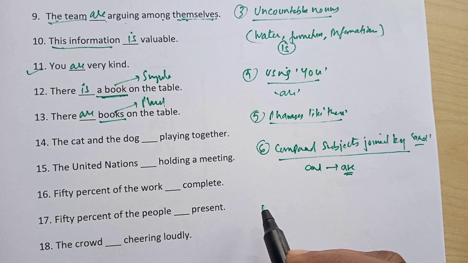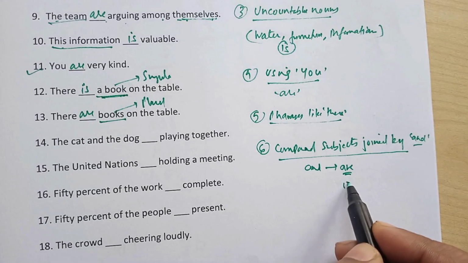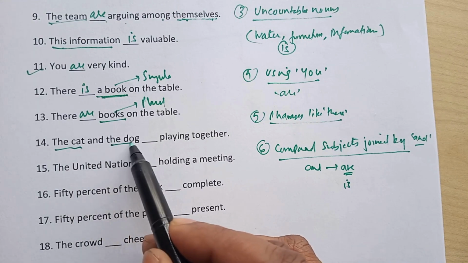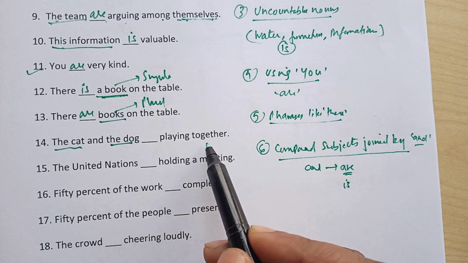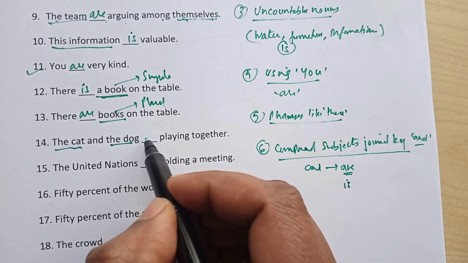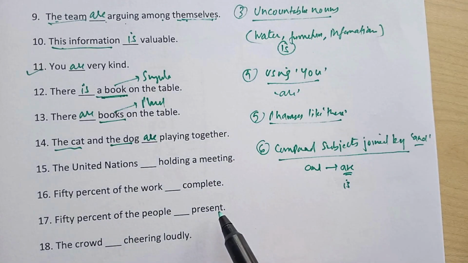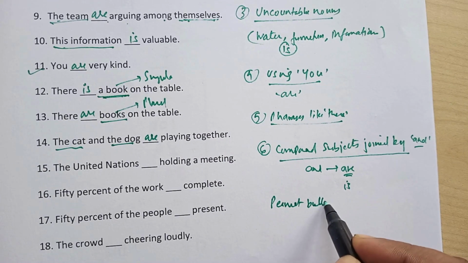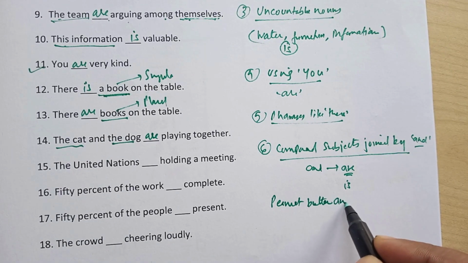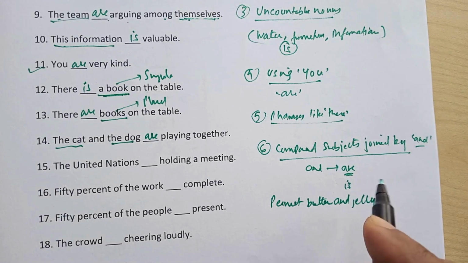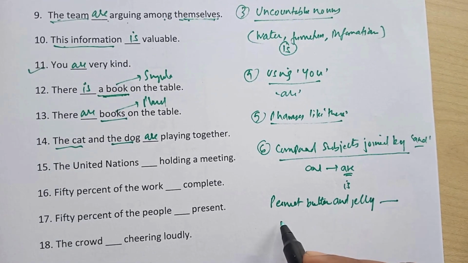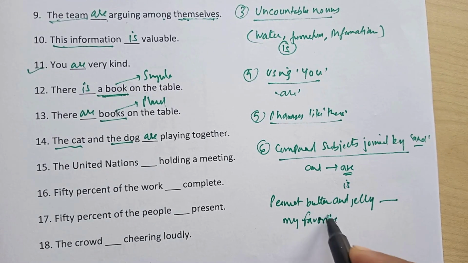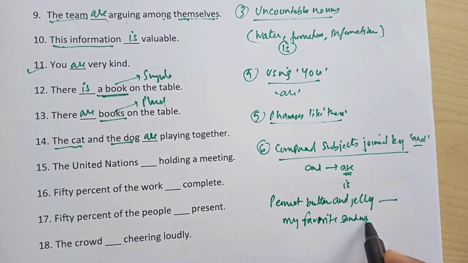If the compound subject refers to the same thing, then we use "is." So here we have an example: the cat and the dog dash playing together. What will we use here? We'll use "are." Let's say I give you another example: peanut butter and jelly dash my favorite sandwich.